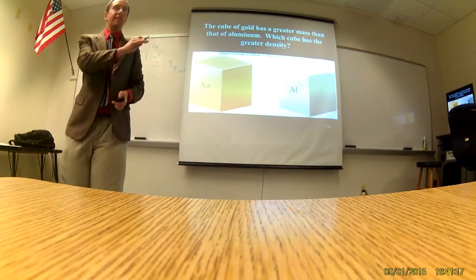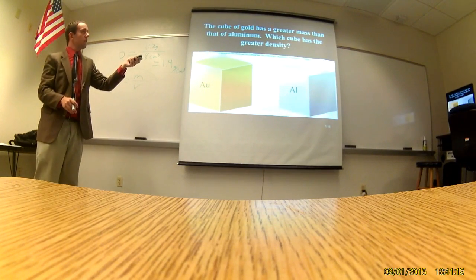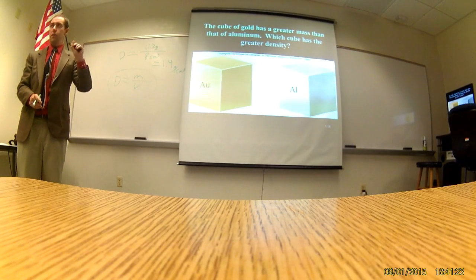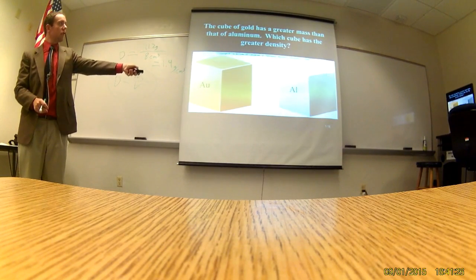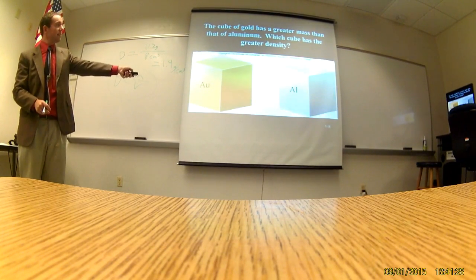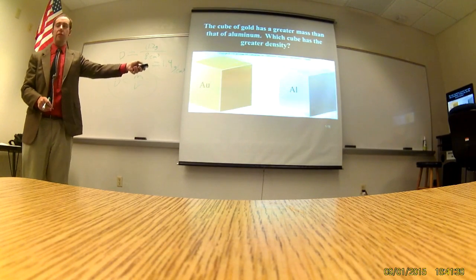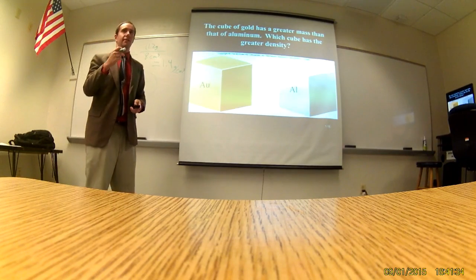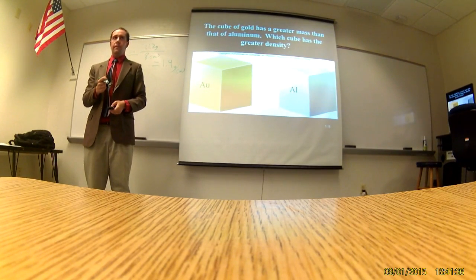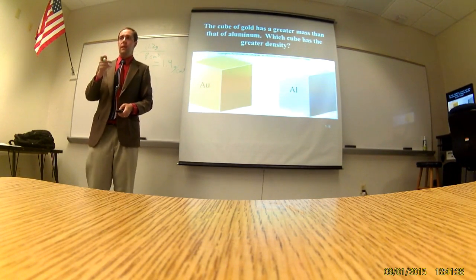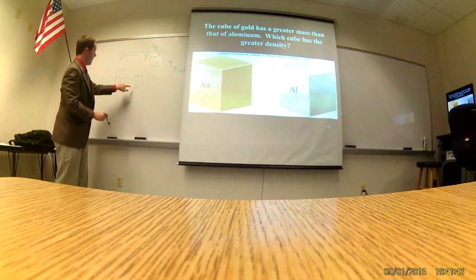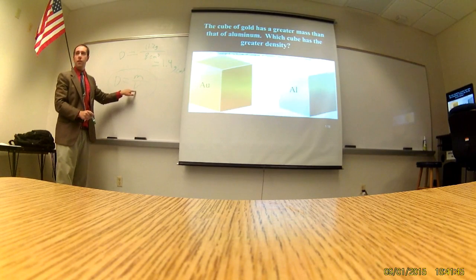The question says the cube of gold has a greater mass. So this one, gold, Au, hopefully you know that, has a greater mass than the cube of aluminum, which is Al. Which cube has the greater density? Gold. If we look at our equation, D equals M over V, the V is going to be the same for both of them, right?